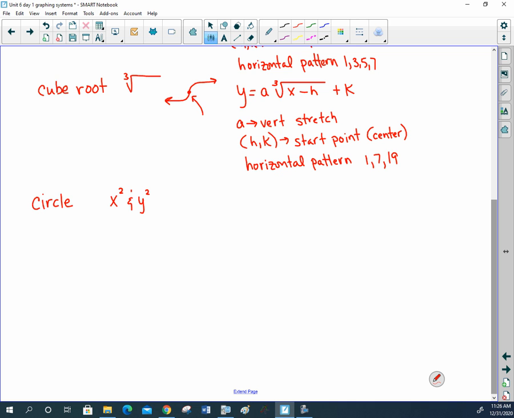So here's your circle, here's your center. Its formula now looks like x minus h quantity squared plus y minus k quantity squared equals r squared. And so HK is the center of the circle, and r is your radius.